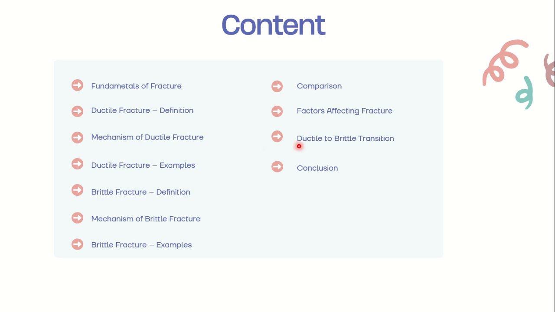The table of contents are: fundamentals of fracture, then ductile fracture and its mechanism, then ductile fracture examples, then brittle fracture, then a comparison of both brittle and ductile fracture, then factors affecting the fractures, then the ductile to brittle transition, and then we will conclude the topic.